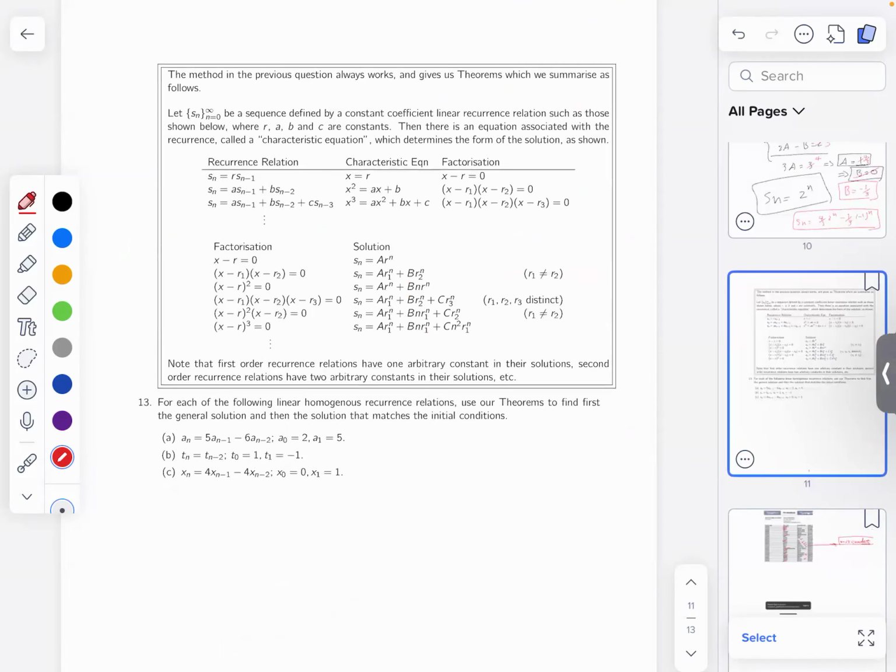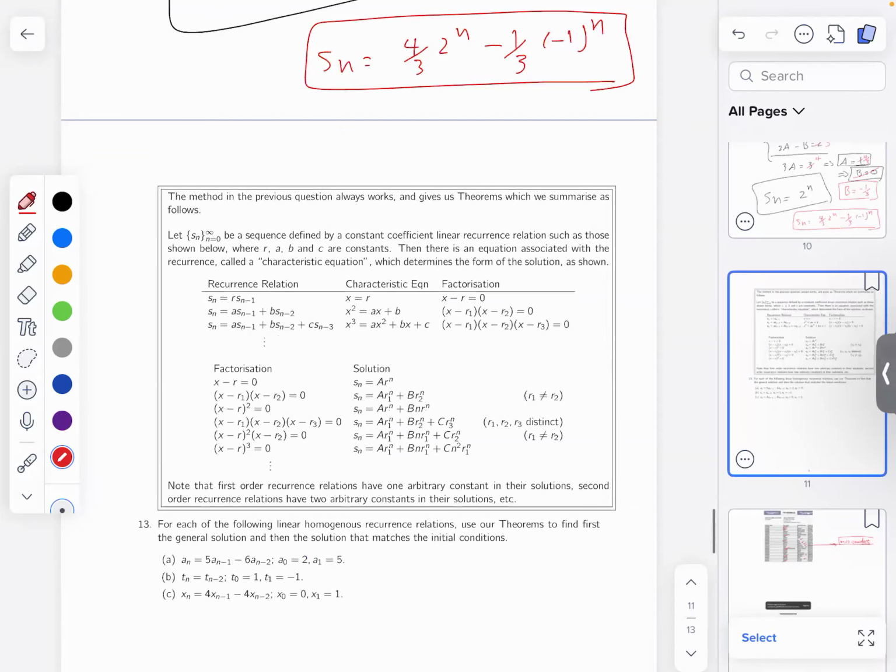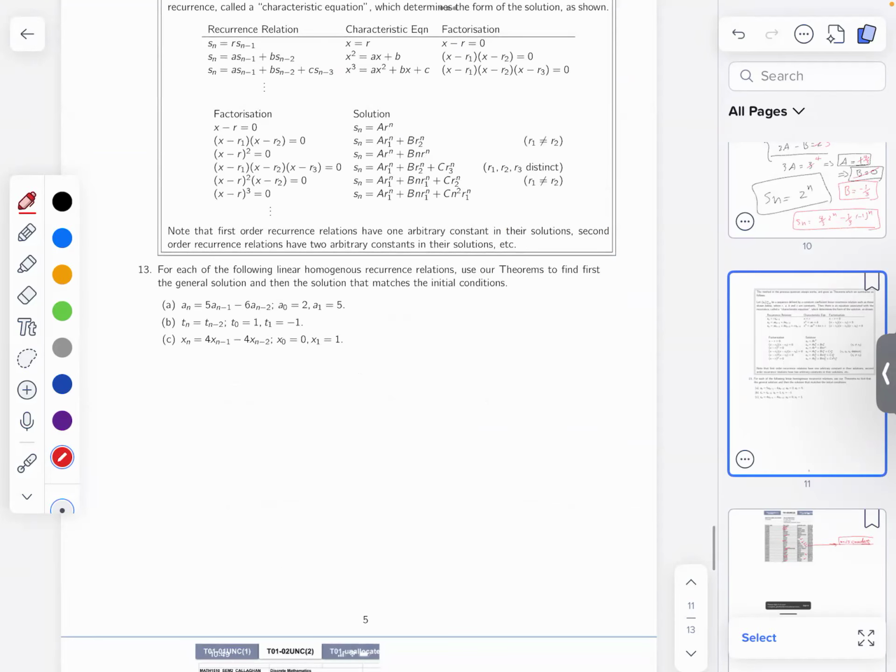Question 13 is dealing with the characteristic equation. Last question: for each of the following linear homogeneous recurrences.